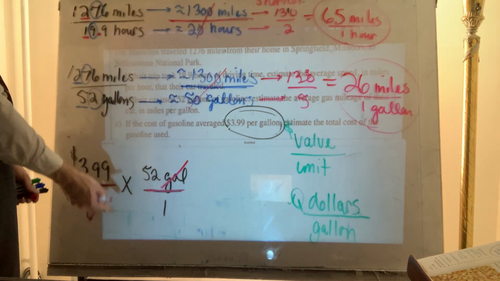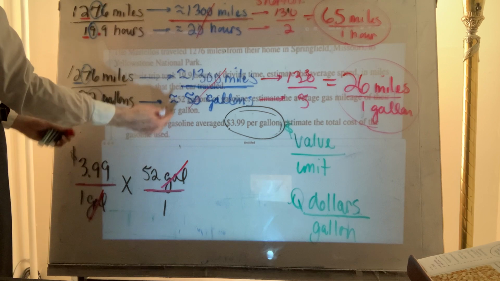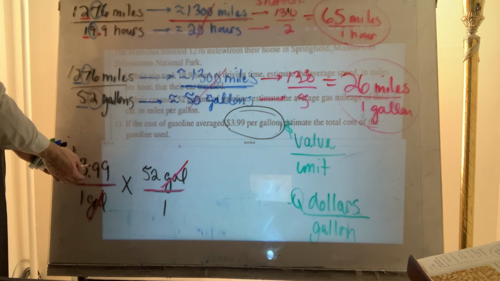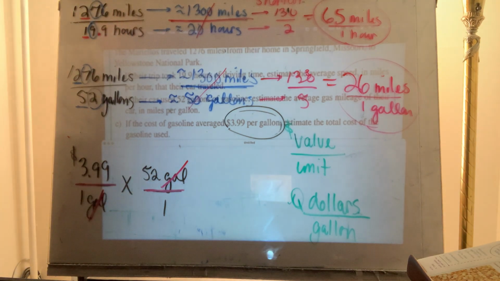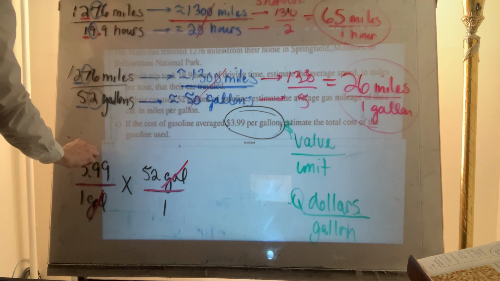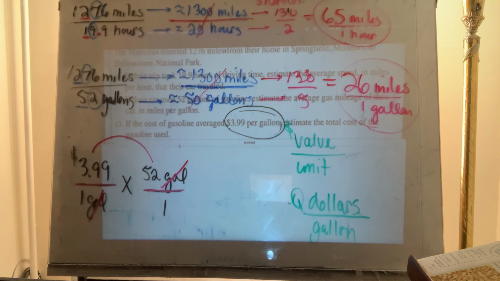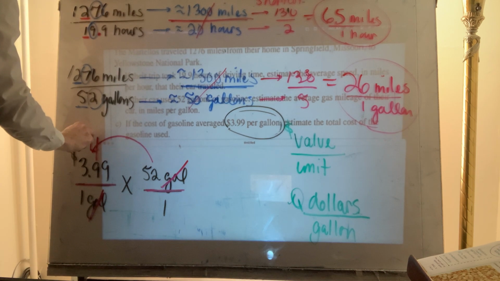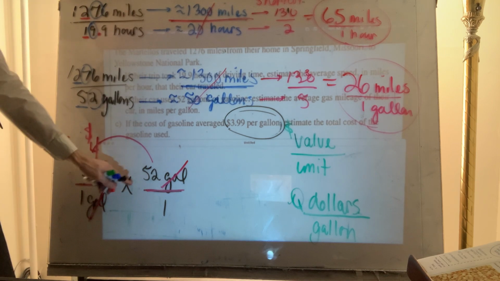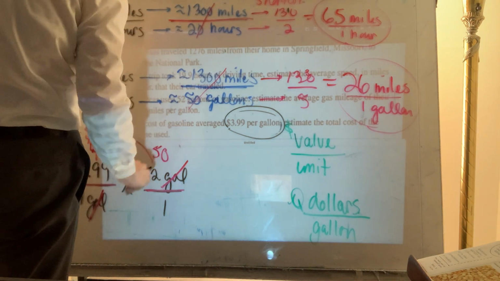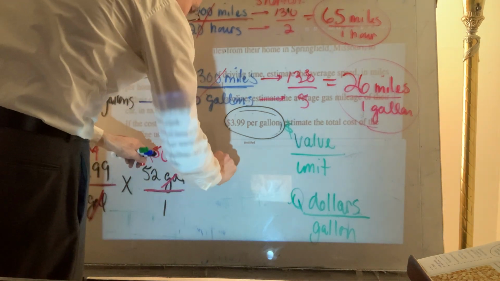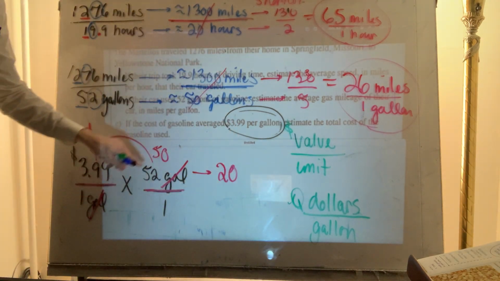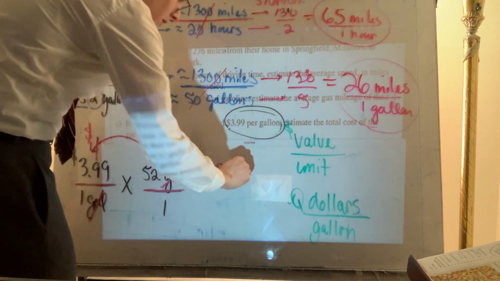Why am I multiplying? I know it didn't explicitly state it, but if it's 1 gallon, it's exactly $3.99, so one would estimate that more gallons means a higher price. Now, you could do brute force $3.99 times 52, or you could make it easier on yourself. You could say this is about $4 based upon rounding rules, and this is about 50, and then do 4 times 5 is 20, and then attach the extra 0.